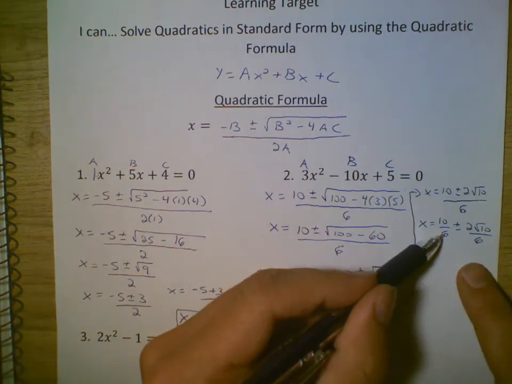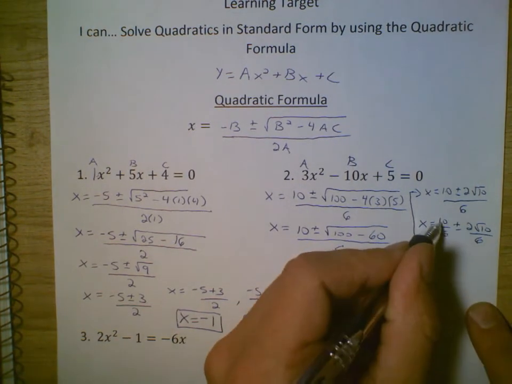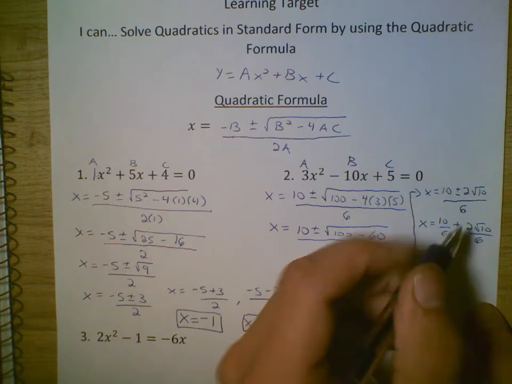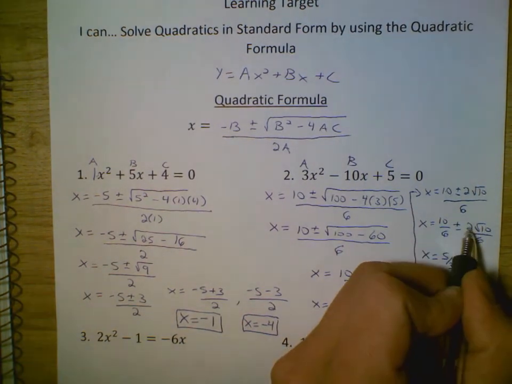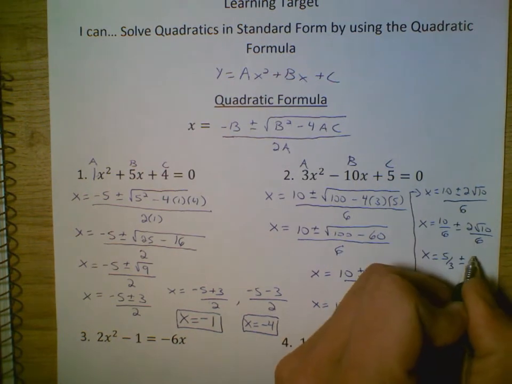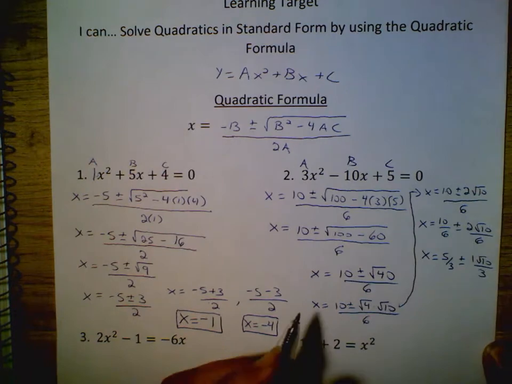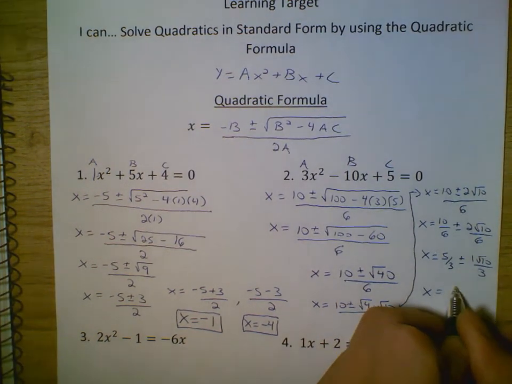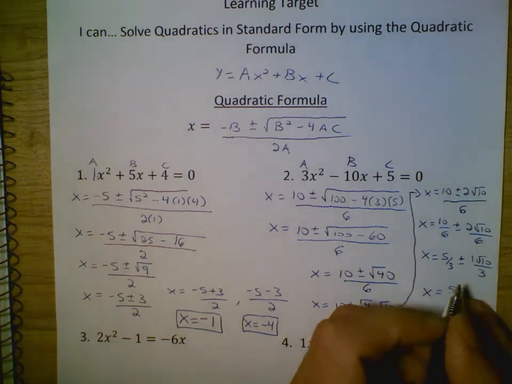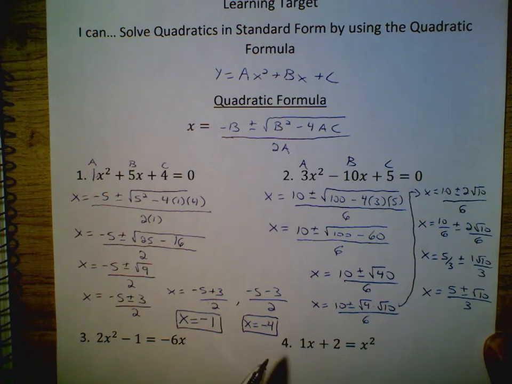And then this becomes just like reducing fractions. 10 divided by 6 reduces to 5/3, and then plus or minus, 2 divided by 6 reduces to 1/3. And then once again, because they're both over 3, I can put them over the same denominator. So I get 5 plus or minus the square root of 10 all over 3 as my final answer.